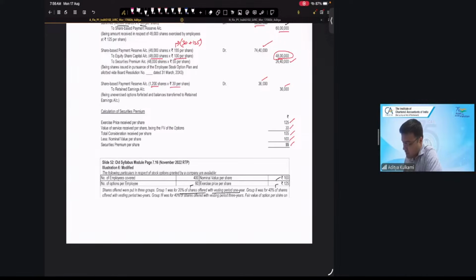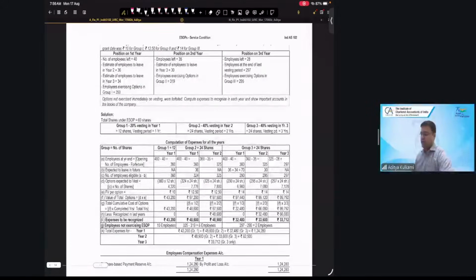Group 2 was for 40% of shares offered with vesting period 2 years. Group 3, 40% with vesting period 3 years. Fair value of option per share on grant date was rupees 10 for group 1, 12.5 for group 2 and 14 for group 3. The position at the end of the first year, second year and third year is given.